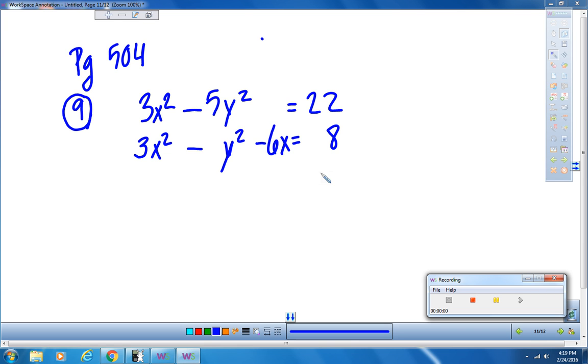This is a system of two equations where we actually have two hyperbolas in this case, because if you'll notice, we have a positive in front of our x squared and a negative in front of our y squared, which if we were doing these separately, we'd see pretty easily would form hyperbolas.